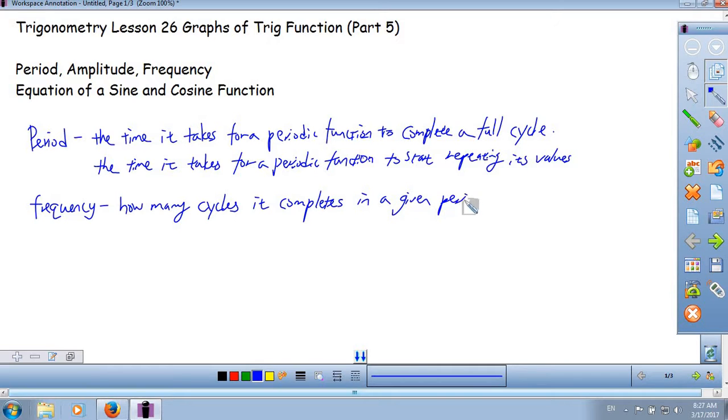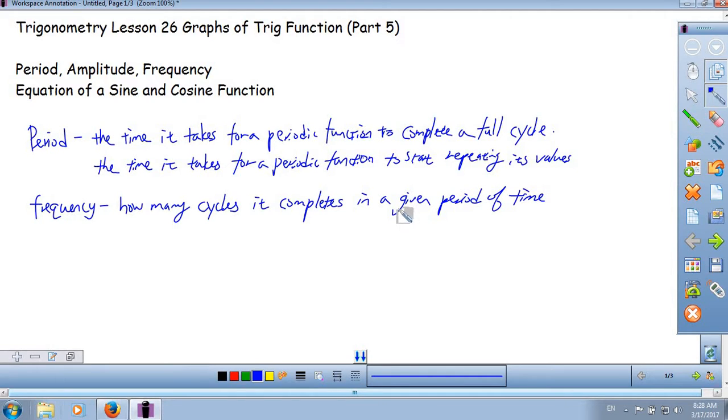So it's exactly the opposite of period. The relationship again is reciprocal. Period is how long it takes to complete one cycle. Frequency is how many cycles it will complete in a given period of time, in one unit of time, perhaps.